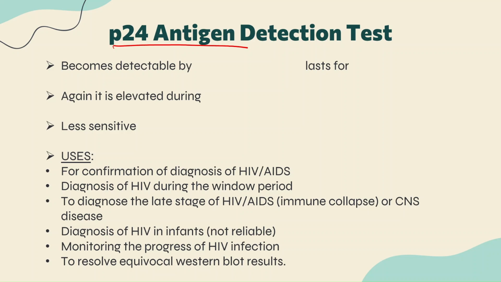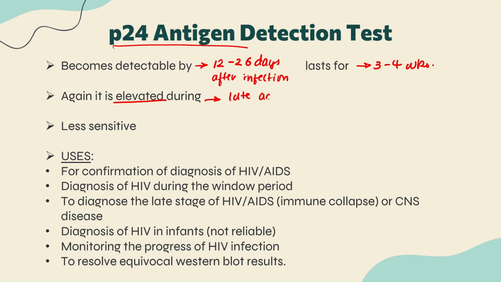So please remember that this P24 antigen becomes visible by 12 to 26 days after infection. 12 to 26 days after the infection, your P24 antigen becomes detectable, and this lasts for nearly 3 to 4 weeks, and then uske baad the levels of P24 antigens are again elevated when they are elevated again during the late advanced stages of HIV.